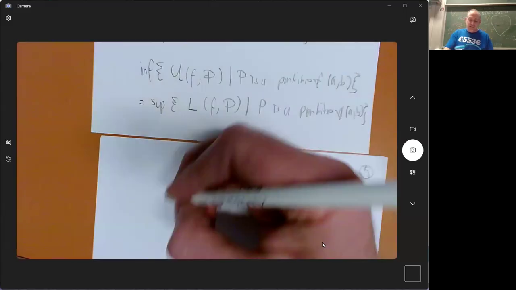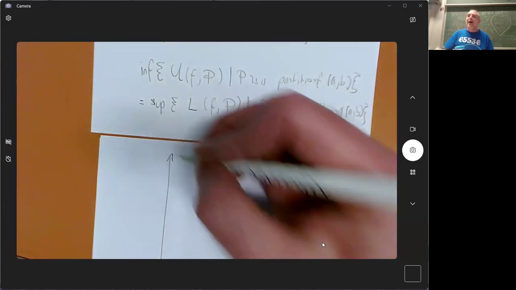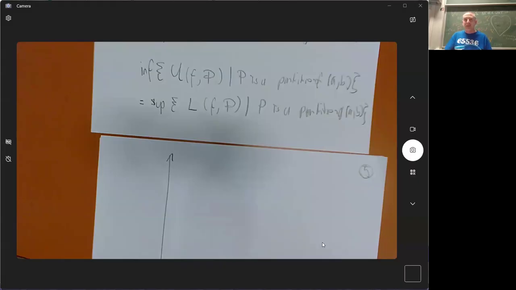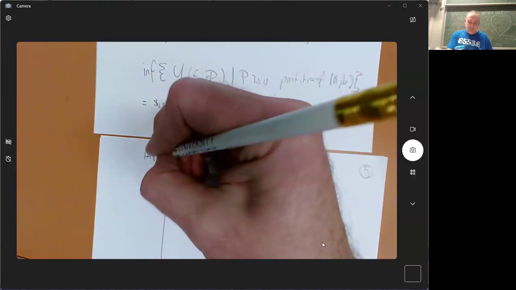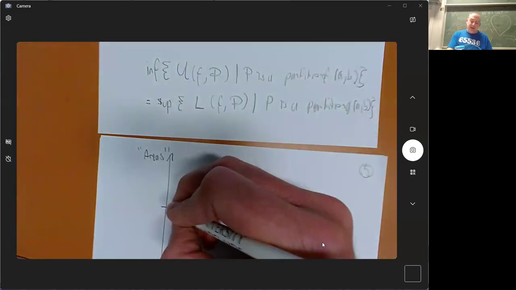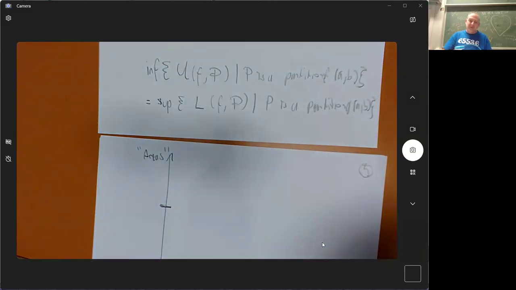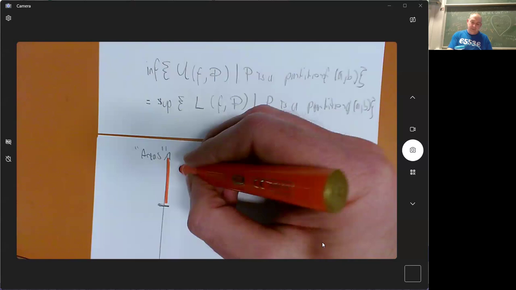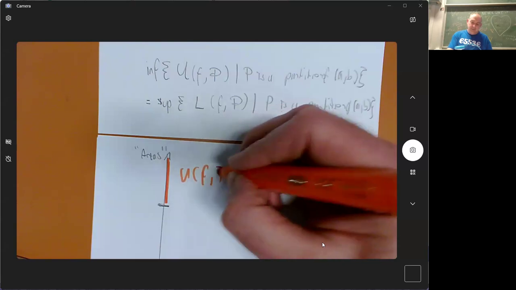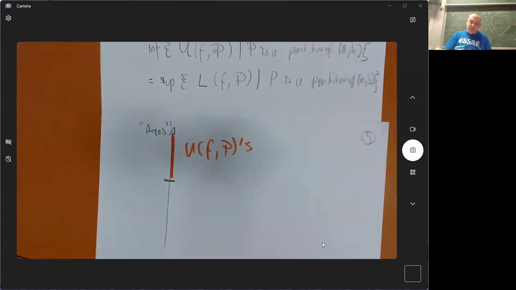So the idea is that if you've got a y-axis, which is for the areas, then there's this point, and all the upper sums are here, and all the lower sums are here.